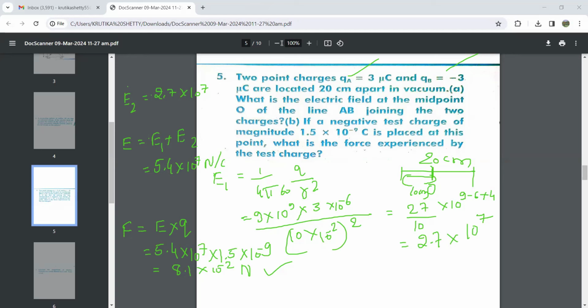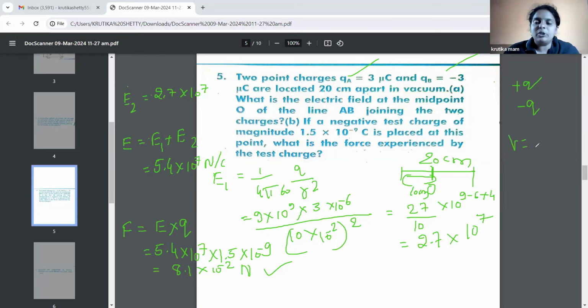See here, students, when we are calculating the electric field intensity, there is no need to take the signs. Always remember this, it always confuses you. Whenever we are calculating electric field intensity, we don't care whether it is for the positive charge or the negative charge. But when we are calculating the potential, whether it is given as a positive charge or a negative charge, that we will consider.